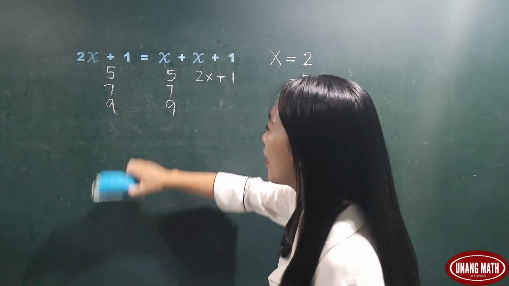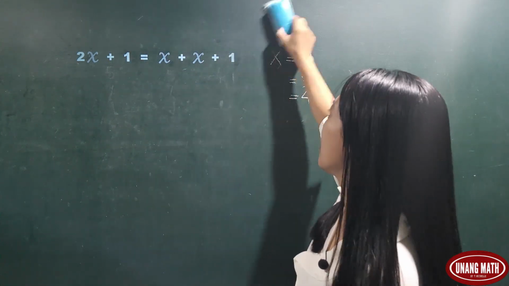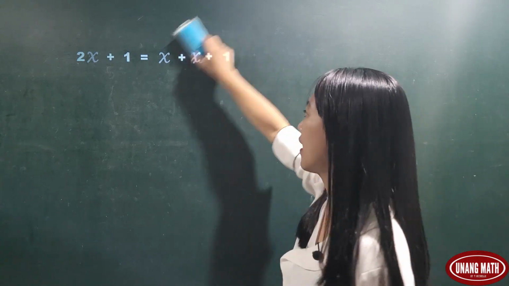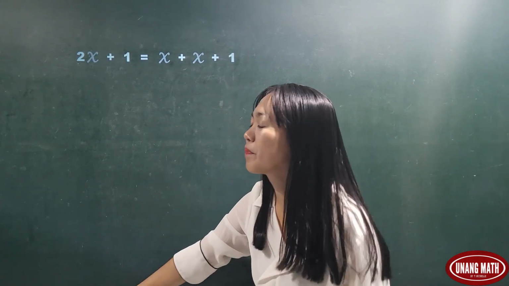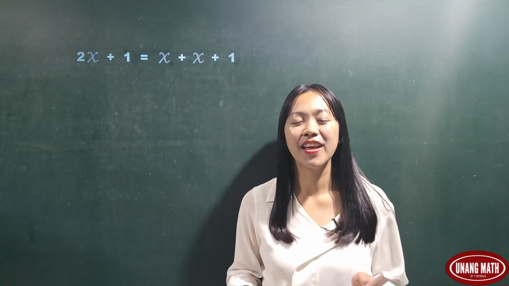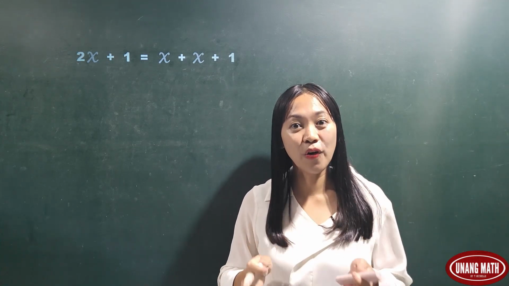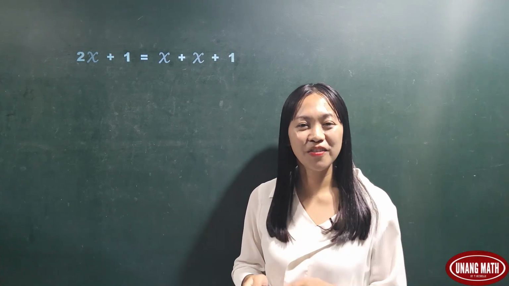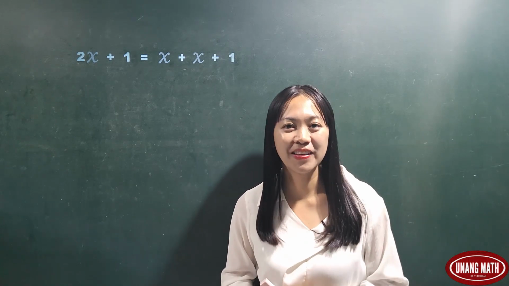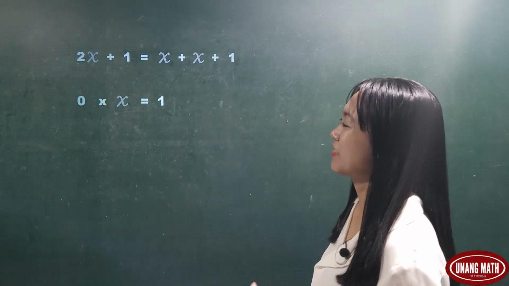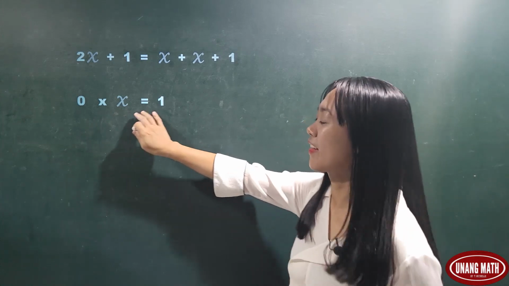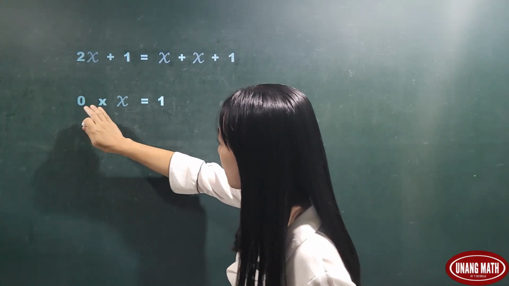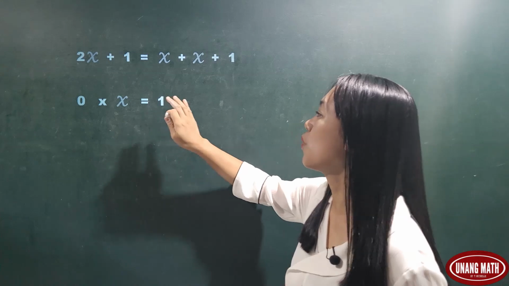If there is an equation that is always true regardless of the values of the variable, how about an equation that is always false regardless of the values of the variable? Yes, we have an equation like that. In this equation, 0 times x is equal to 1.